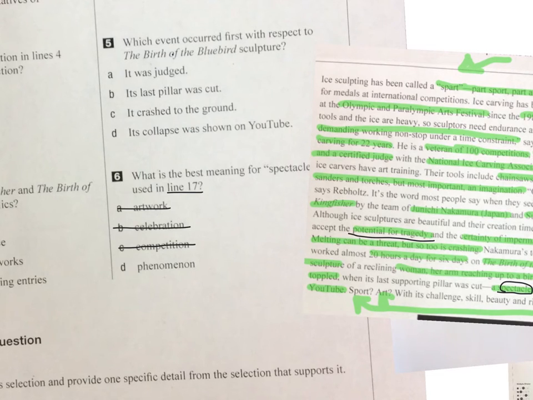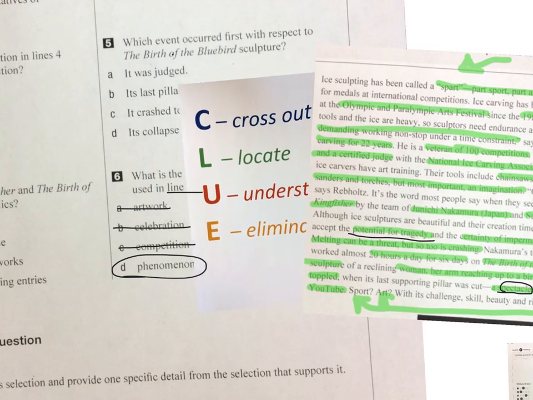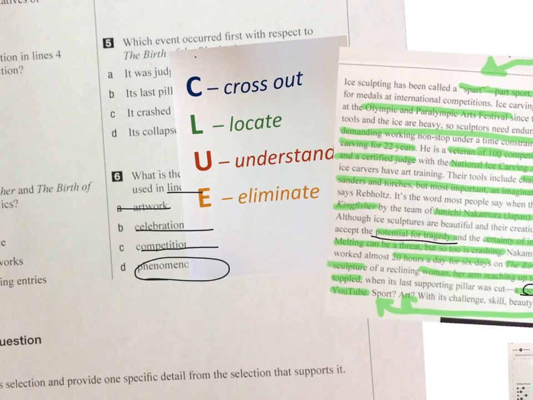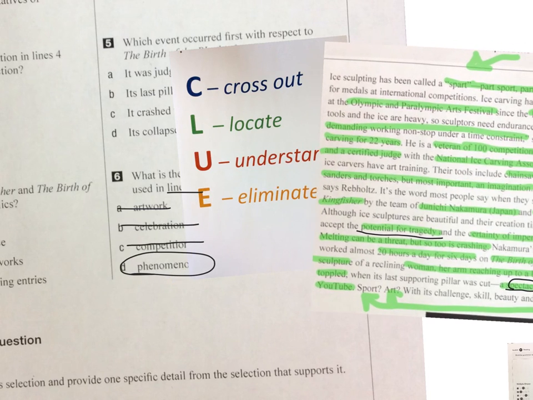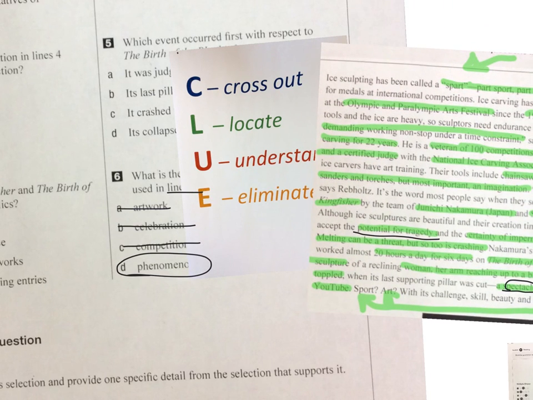Lots of people go on YouTube to see interesting things, things that are out of the ordinary, things that probably are considered a phenomenon. So using previous knowledge and understanding the context, I can feel very safe in saying that the answer to question 6 is D, phenomenon.